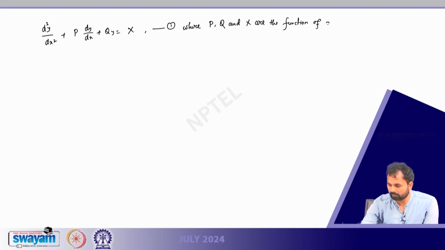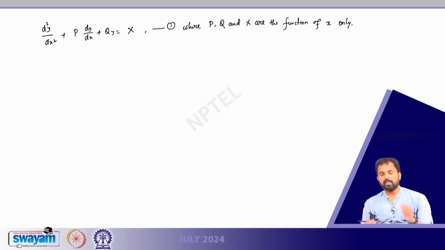It may be possible that you have p0 into d square y by dx square plus p1 into dy by dx plus p2 into y equal to, let us say, X cap.